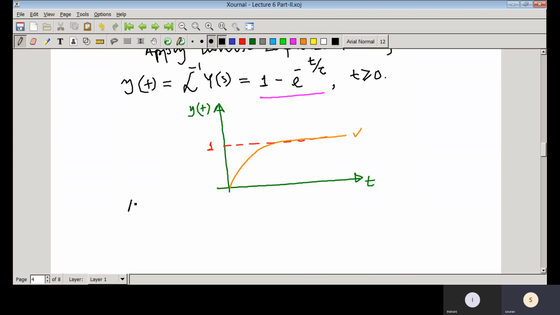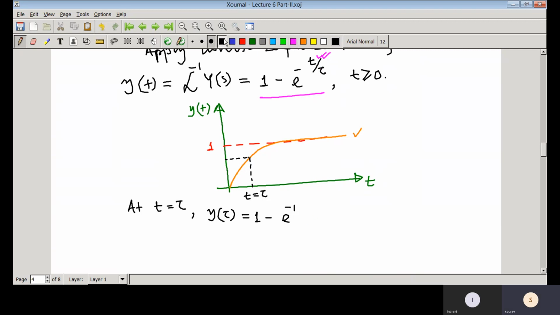So now one interesting thing we can see here, whenever at t equal to tau, so this is t equal to tau. If you put t equal to tau, how much value you will get? That is y(tau) would be equal to 1 minus e to the power minus 1, because here if you put t equal to tau, so that is minus 1.